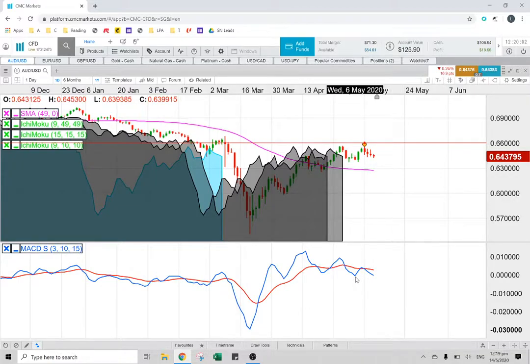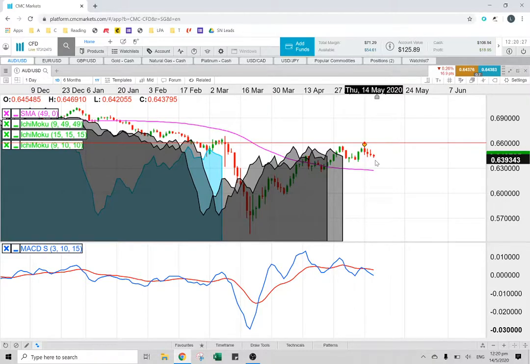But given this low over here, it feels like it's starting to make a higher low. So we might want to consider taking profits here, or even move our stop loss.